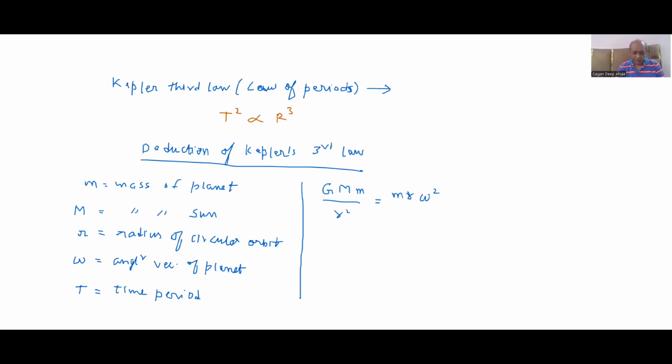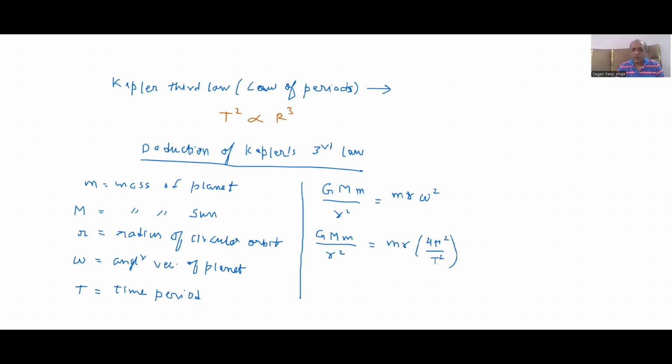Now, as you know, omega is equal to 2 pi by capital T. So we can write G M m divided by r square is equal to m r into omega square, and if I square omega, I get 4 pi square divided by T square.